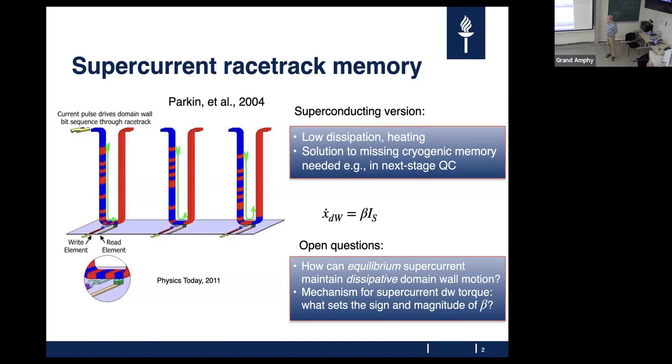This would maybe not be a solution to memory storage for our laptops before we discover a room temperature superconductor, but it would be quite useful for cryogenic computing applications.